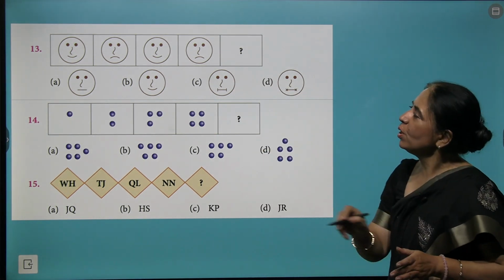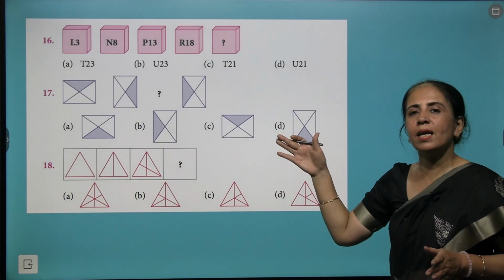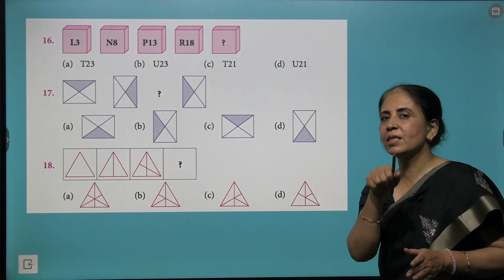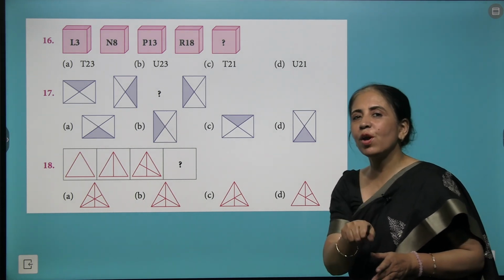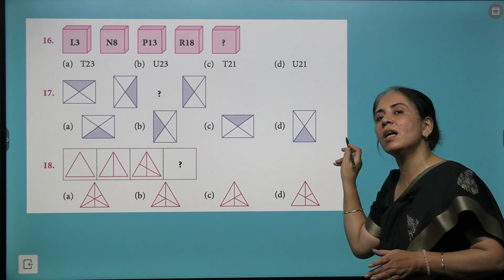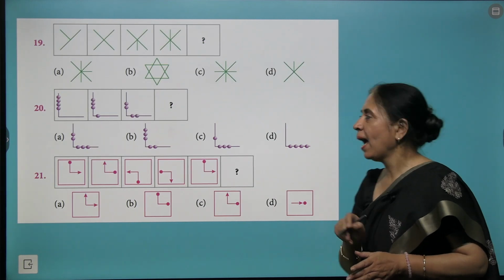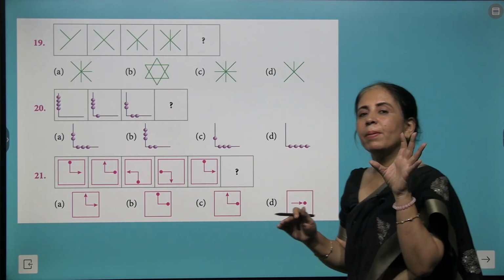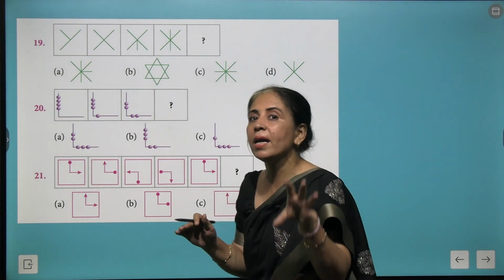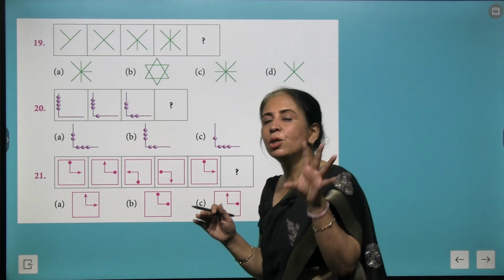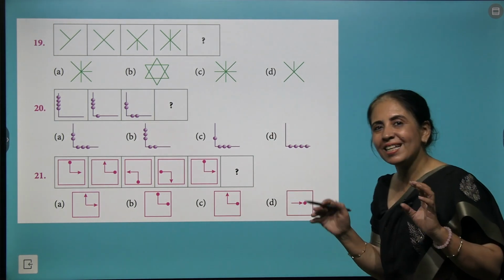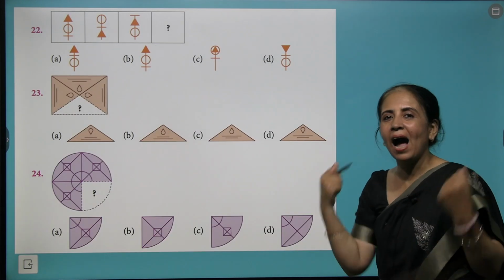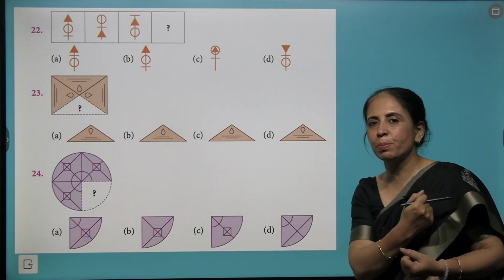So whenever you attempt a reasoning question, remember every question is different and every question follows a different pattern. And when you look at these questions, every time it's going to give you a sparkling light in your brain to think, wow, it's like that and I can do it. That should be the spirit.